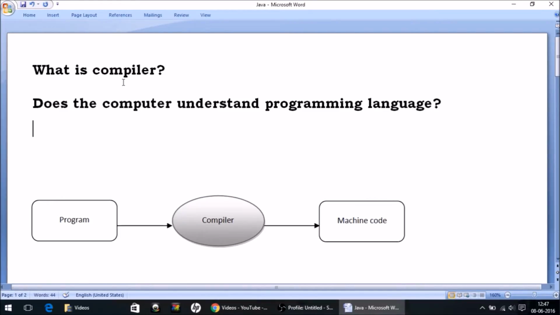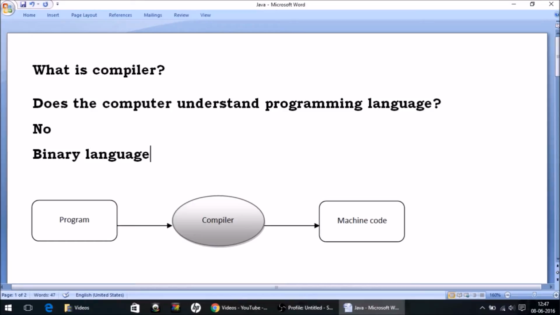This is a big question that we need to have answer of. Sadly, the answer is no. We know that when we write simple English instructions, the computer won't be able to process it, and that's why we are writing programs in programming language. But does it directly mean that the computer understands programming language? No.